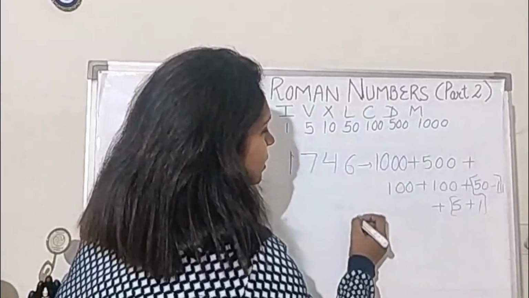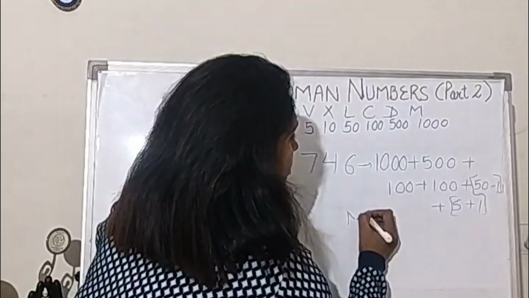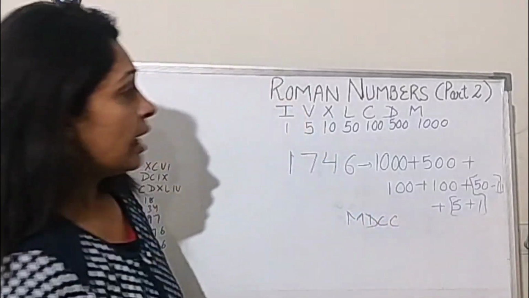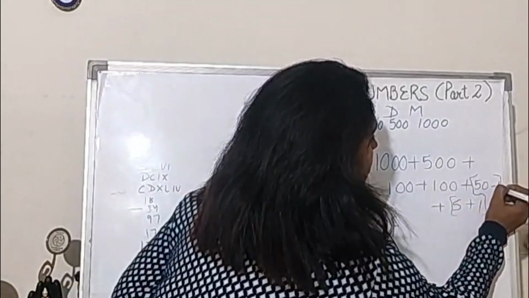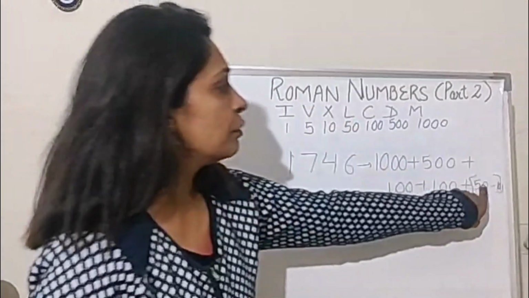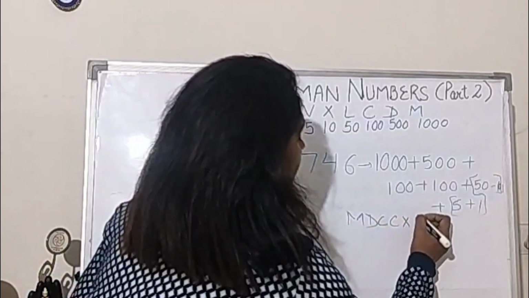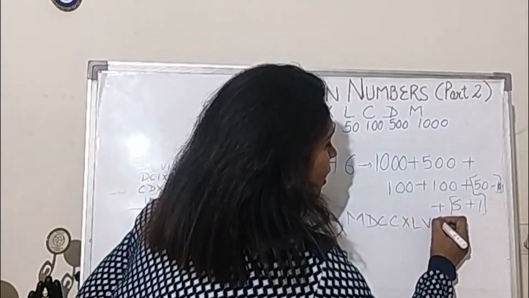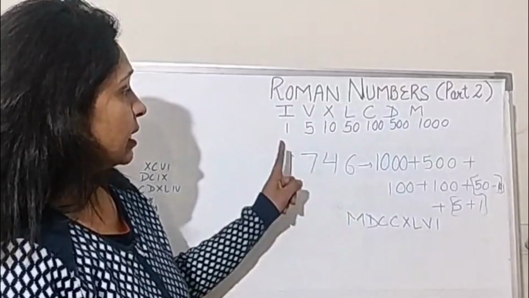So 1000 is M, 500 is D, then we have C, C, and 50 minus 10. 40 can be written as 50 minus 10. So this is X, L, and this is VI.